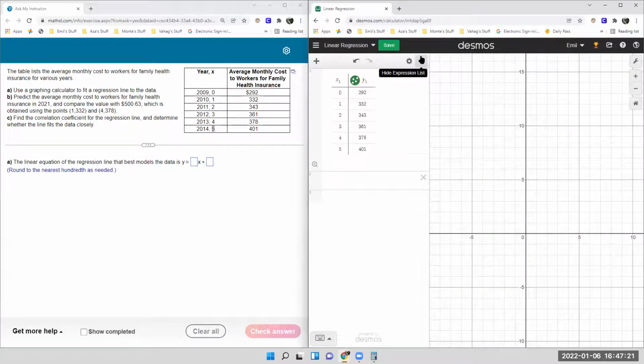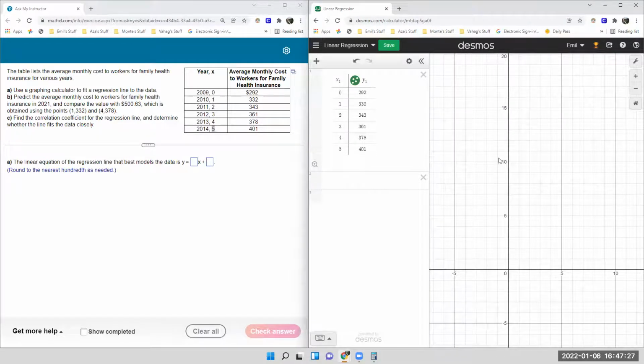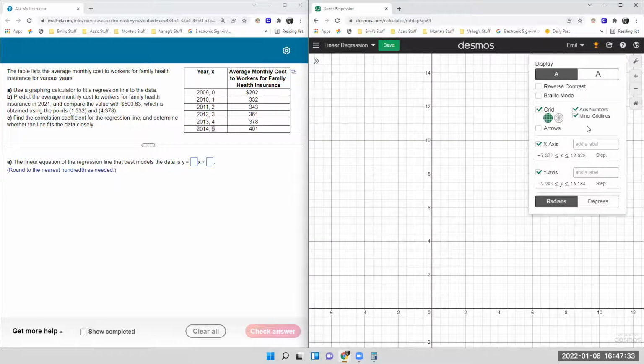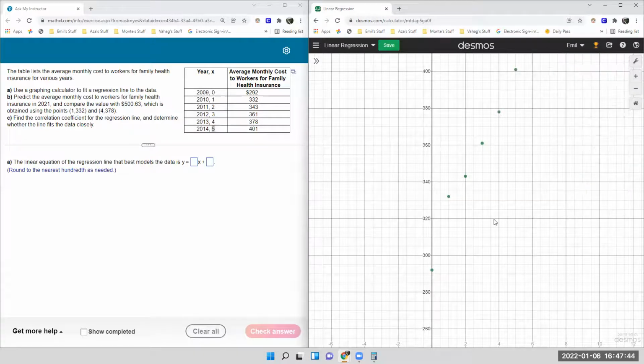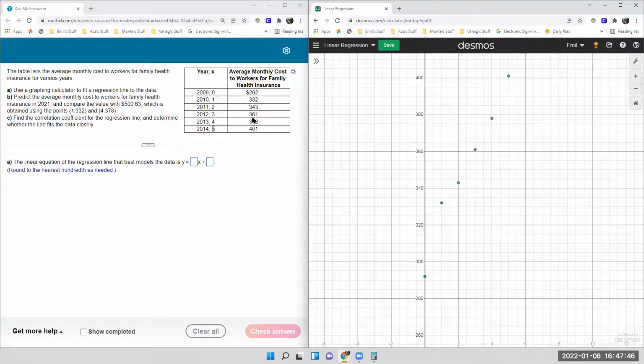We don't see it at the moment because, as you can see, the Y values are quite large, whereas the graph we're looking at has a range for small values. So we want to adjust the range. Go to the top right corner here and change the Y values to something like 250 to, let's say, 410. Those are the smallest and largest values that we have. I'm just going to adjust it that way so we can see the table.